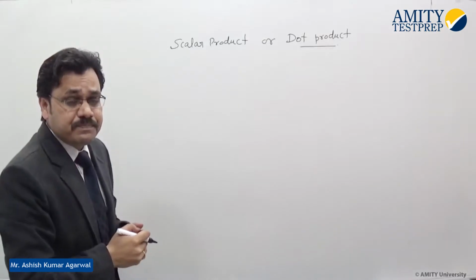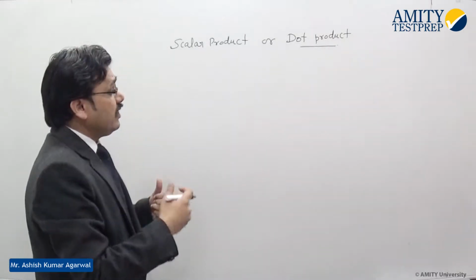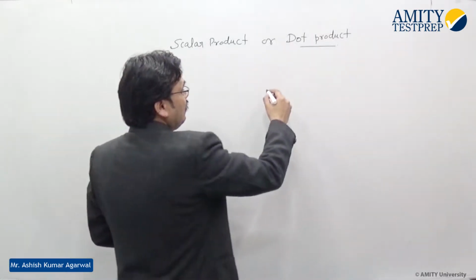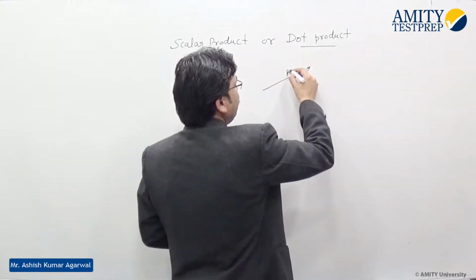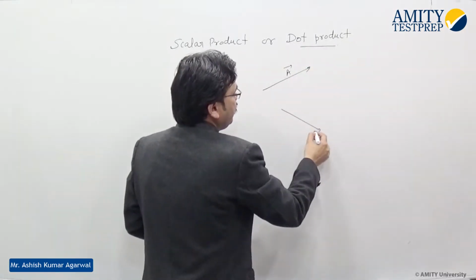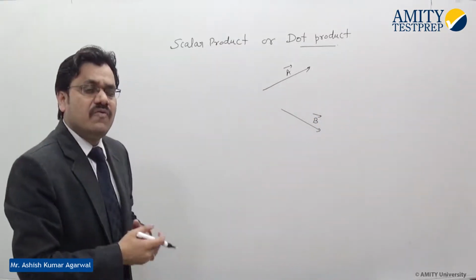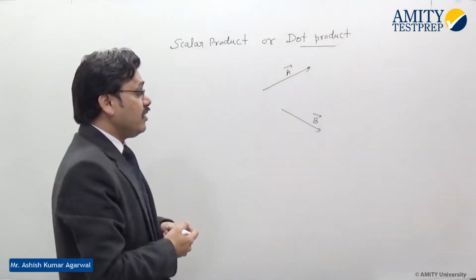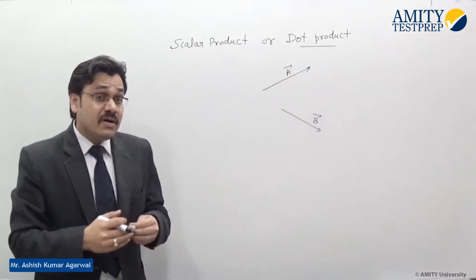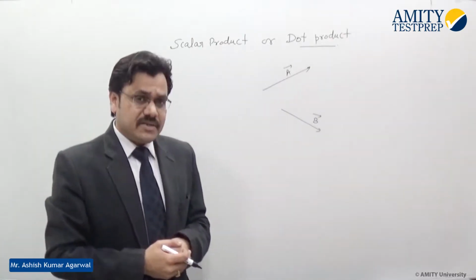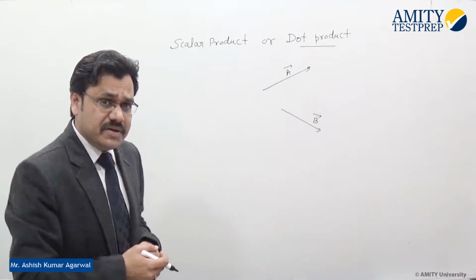First of all, if I have two vectors, vector A and vector B, and I have to find the product of these two vectors, they may be any physical quantities.